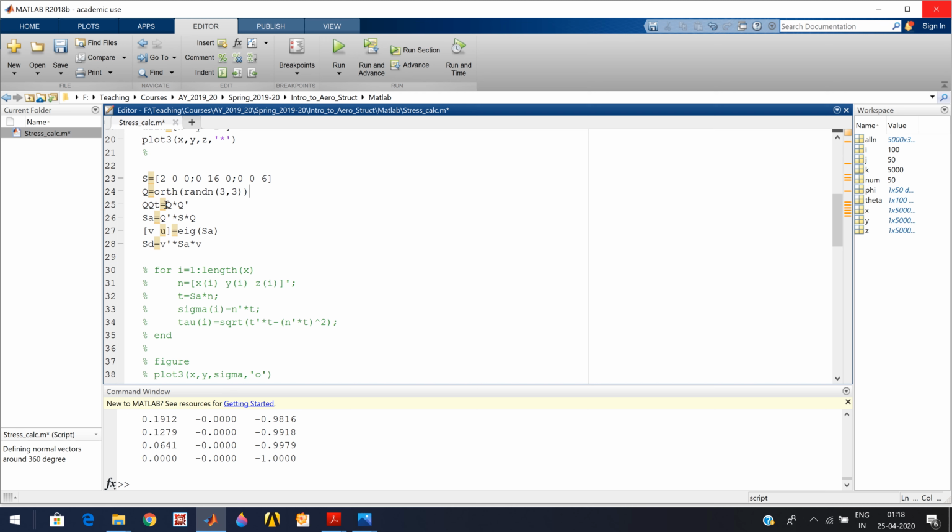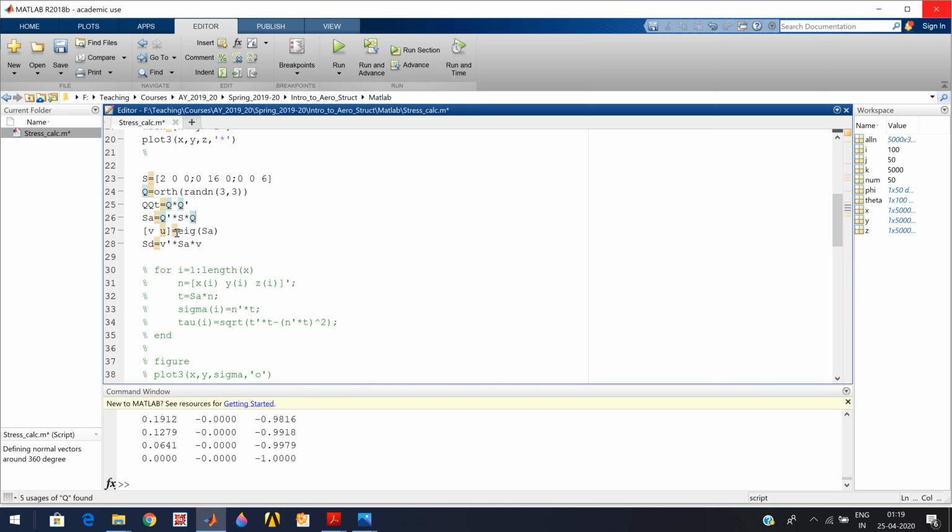To show that, I've just multiplied Q star Q transpose. So this should be identity. And then SA is the transformation to that coordinate system, Q transpose S Q. So we are starting from a principal value direction, and then changing to some arbitrary direction. So that SA will then have all 9 components.